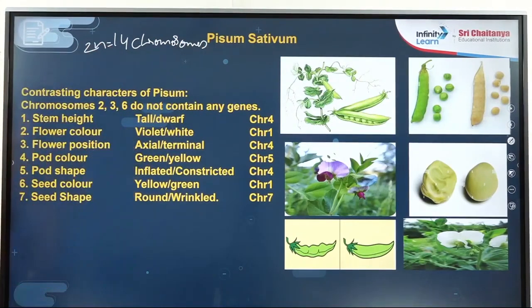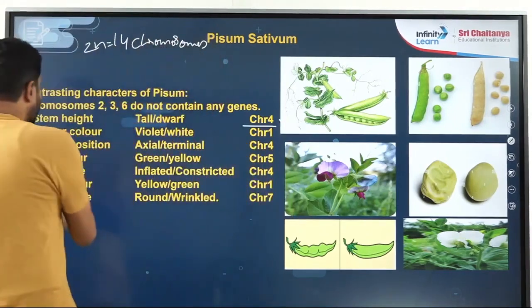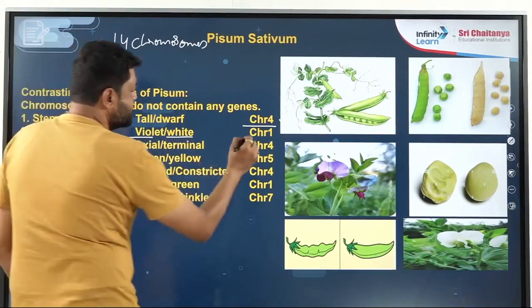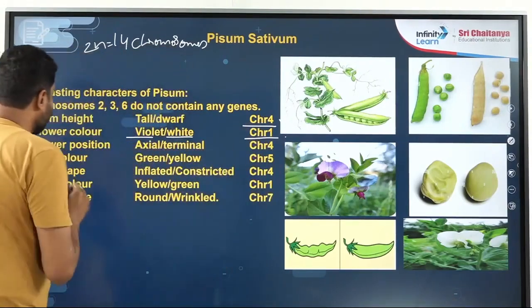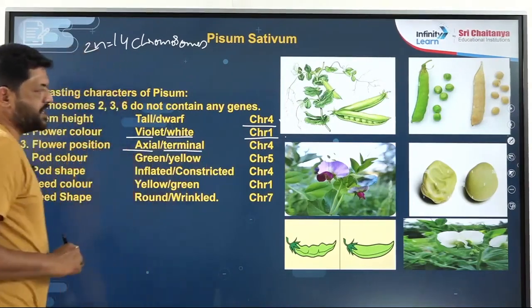Of the 7 characters selected, of course not of our interest and out of NCERT, but have a look. Stem height, dominant character is tall and recessive character is dwarf, present on chromosome number 4. Flower color, dominant is violet, recessive is white, present on chromosome number 1. And flower position, dominant is axial, recessive is terminal.